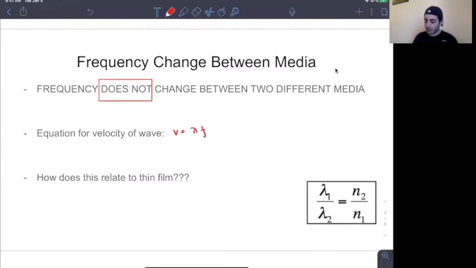We know that if the frequency is the same, the wavelength and the velocity will have to decrease or increase to equal each other out. So frequency will equal the velocity over the wavelength.